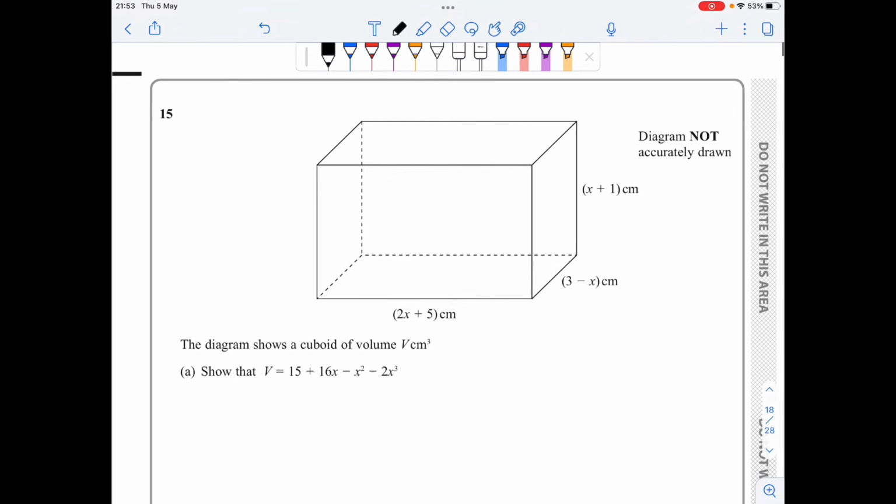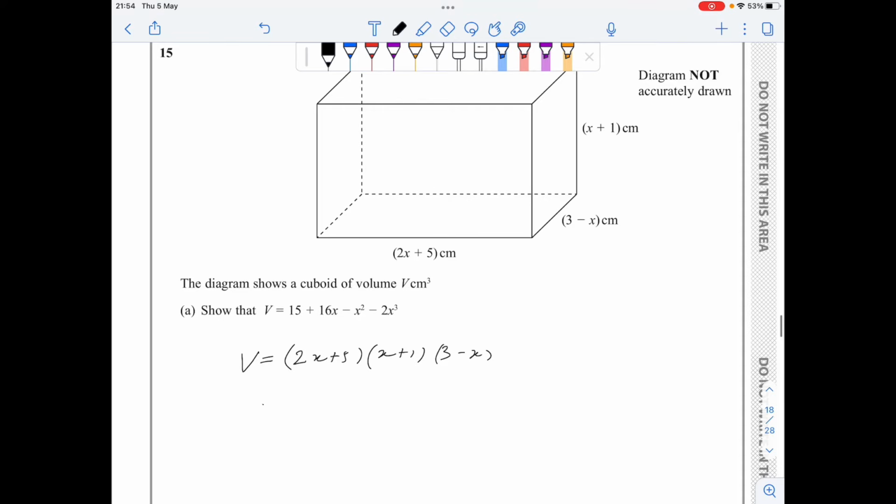For part A of this question, the volume is equal to the base times the height times the depth. Let's expand the first two brackets. This is going to give me 2x squared plus 2x plus 5x plus 5. Let's simplify. That's 2x squared plus 7x plus 5 times the other bracket.